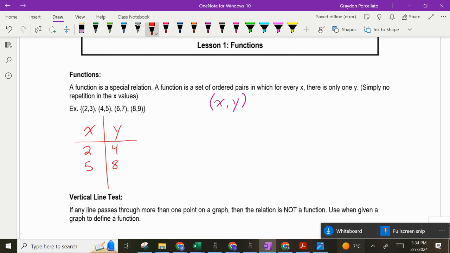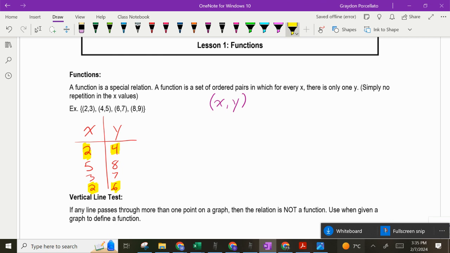Another coordinate might be 3, 7. And then maybe I say 2, 6. Okay. This no longer becomes a function as soon as I repeat an x coordinate. Because I now have the x coordinate of 2 twice and for different y values, this is no longer a function. Okay?